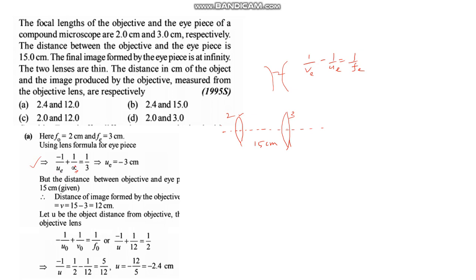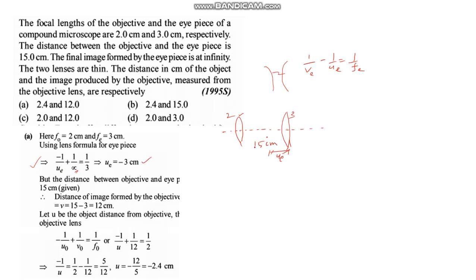You don't know where the image formed by the objective is, it is formed somewhere, let us say here. You are measuring with respect to the eyepiece. Let us call that distance ue. From this equation you are going to get the ue value, which is minus 3 centimeter.